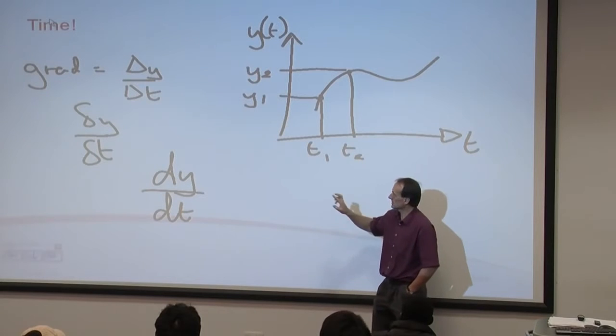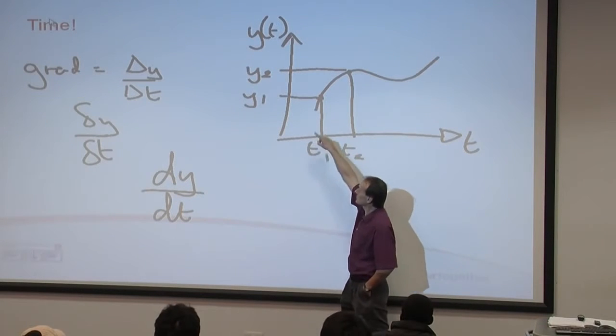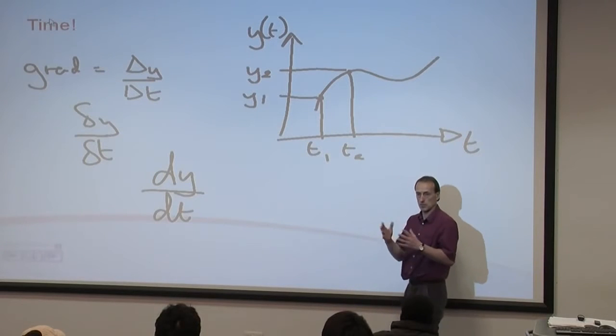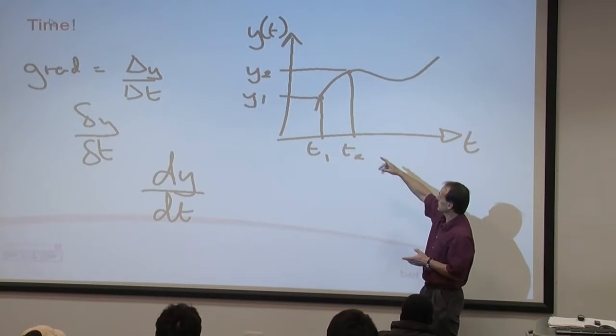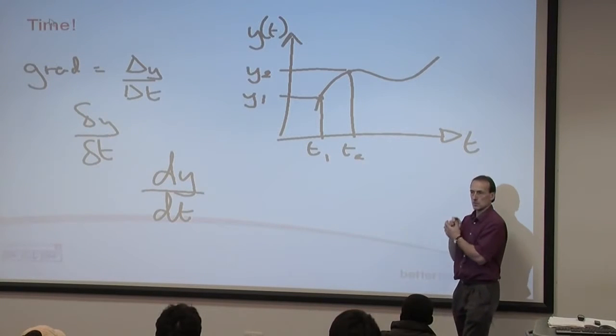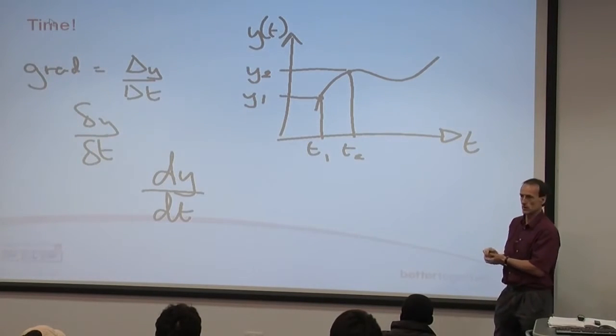Delta y is y2 minus y1, and delta t is t2 minus t1, but that, I think you'll agree, is the average gradient between those two points. The differential is the gradient at a point.